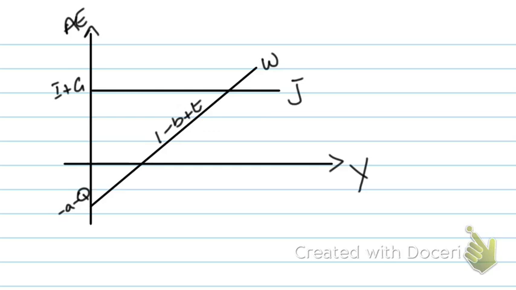So the second method of determination of the equilibrium income is at the point where injections equal your withdrawals. That's this point. So I'll use a different color to show this. And this over here will be the equilibrium income, right? Hang on a second.